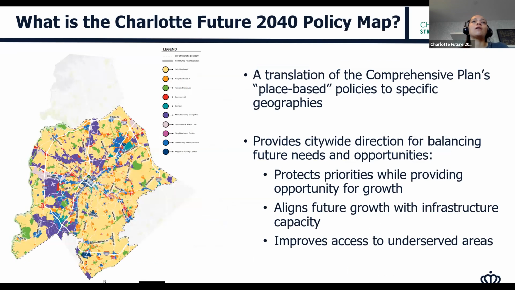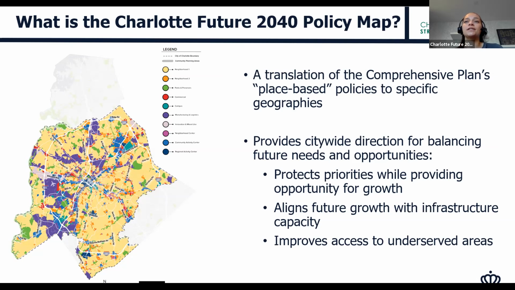So let's cover now the bulk of what this presentation is, and that's the Charlotte Future 2040 policy map and what that is. It is a translation of the comprehensive plan's place type policies to a specific geography. So our comprehensive plan gives you the policies, and then this map, the Future 2040 policy map, is intended to be a companion to that, sort of the visual translation of what is in the plan.